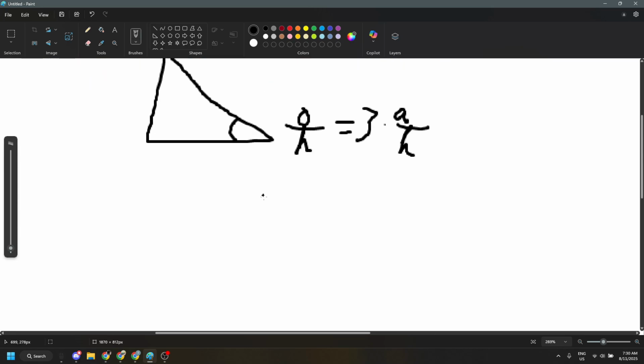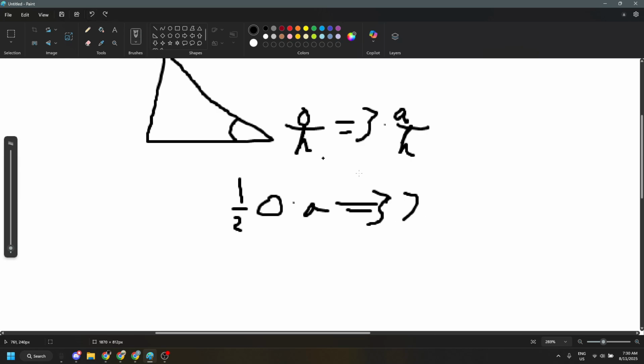So if it has an area less than 375, then we know that 1/2 times opposite times adjacent is less than 375.